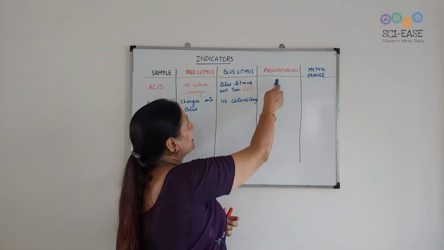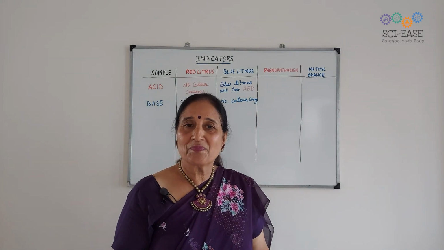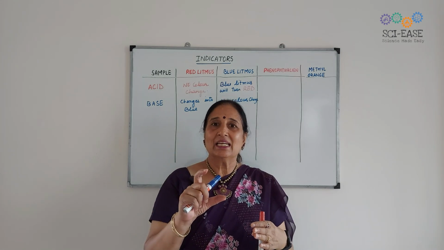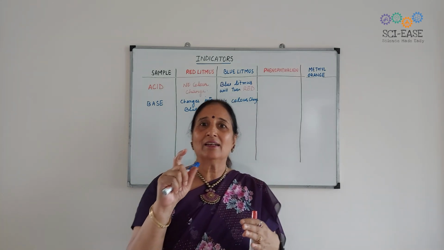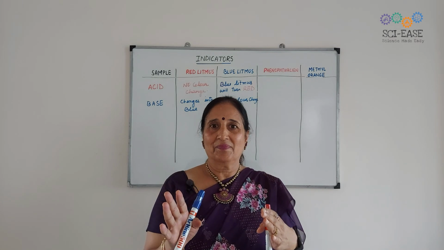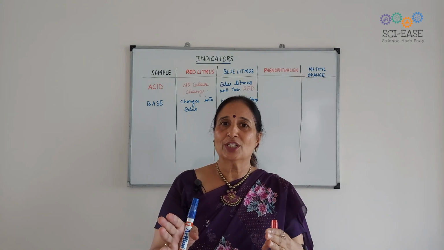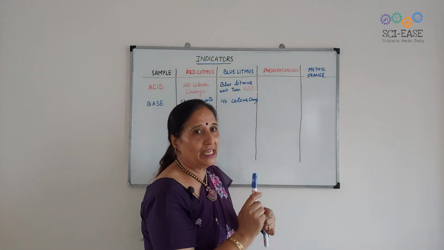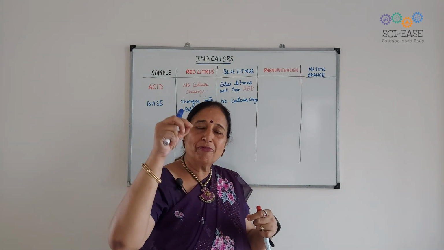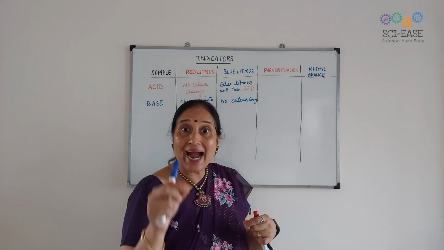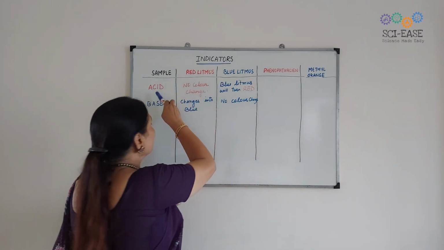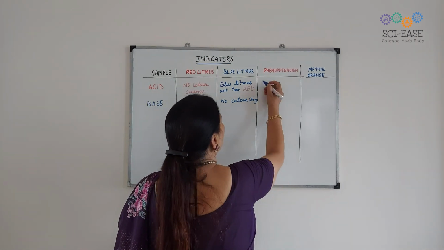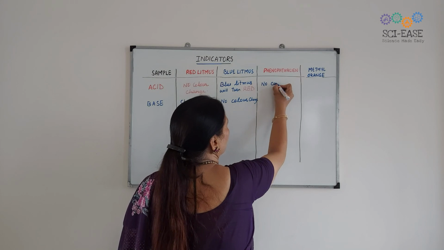I have told you that there are some other indicators also. Phenolphthalein is there in the chemistry lab. You can see the bottle of phenolphthalein. It is the colorless solution. When few drops of phenolphthalein are added to the acidic solution, there will be no color change.